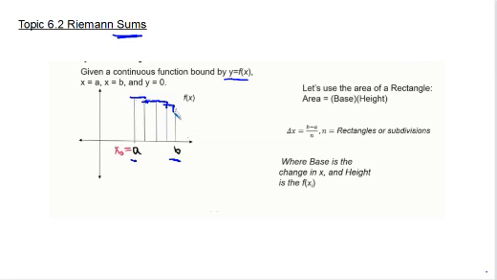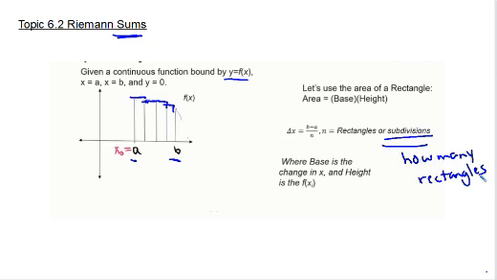Well, the problems that you see will tell you how many rectangles. When you see this number of subdivisions, it is how many rectangles we're talking about, all right?